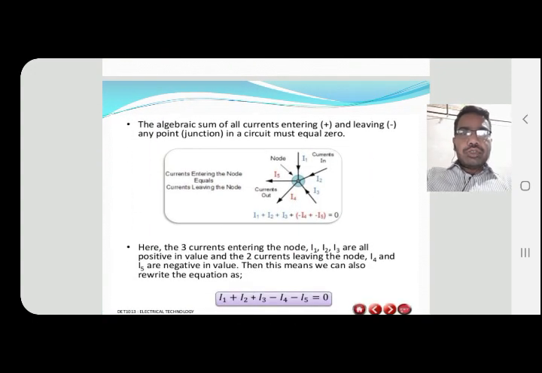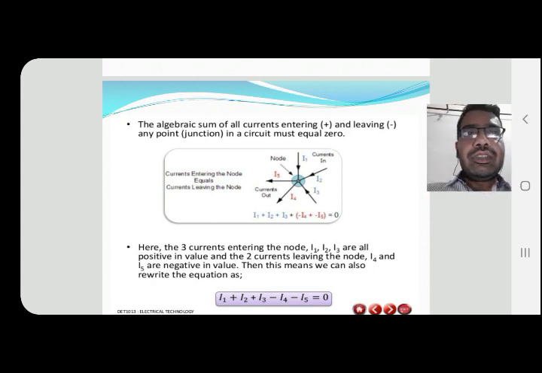So I have shown you with the help of a diagram the algebraic sum of all currents entering, so that is plus here, and leaving any point, that is junction, in a circuit must equal 0.